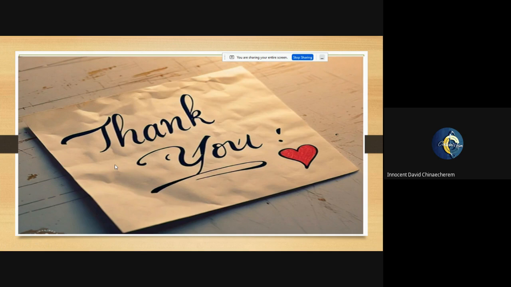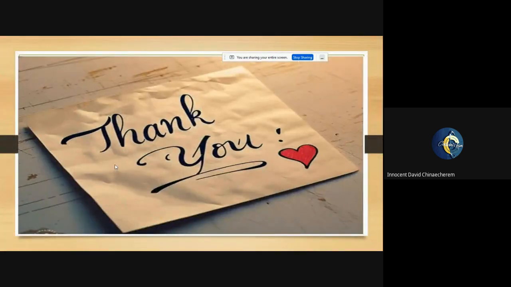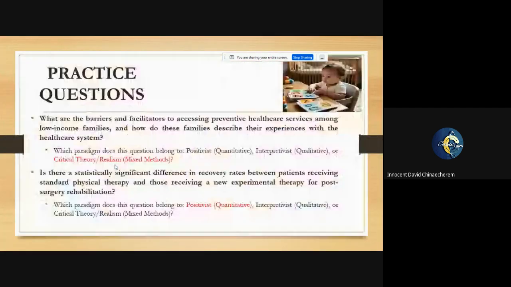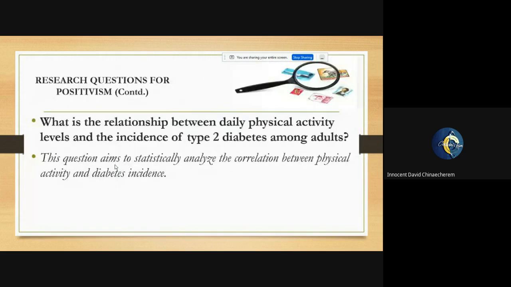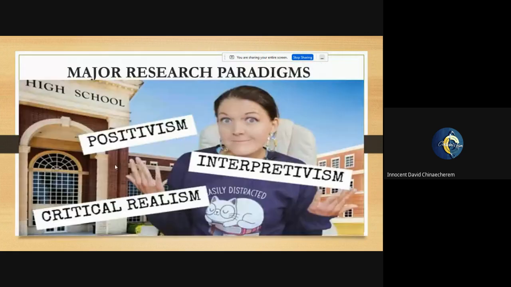This session is really very important for those of us that are not just doing a PhD, maybe you're writing your manuscript, or working on your project or your thesis. It doesn't matter where you find yourself, you need to understand your paradigm, and your paradigm is going to really shape your thoughts for your systematic review.